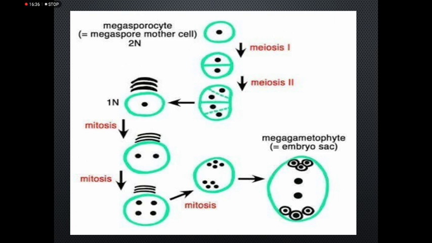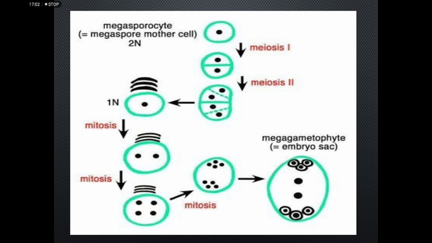Among them, three megaspores degenerate and one becomes the functional megaspore. This functional megaspore undergoes first mitosis, second mitosis and third mitosis, resulting in the formation of eight cells.